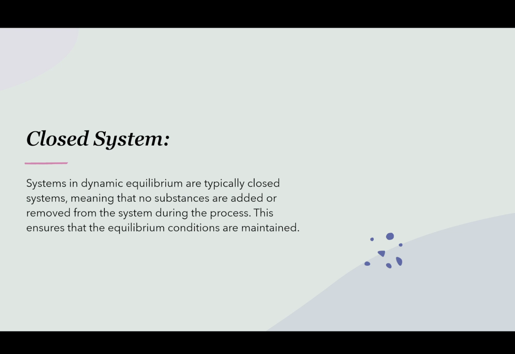Closed system speaks to the substances, the matter itself. Energy can still do that, but we're speaking about the substances themselves. Go ahead. Sir, so it's like the loss of a reactant or product from the system, therefore there would be no recycling.